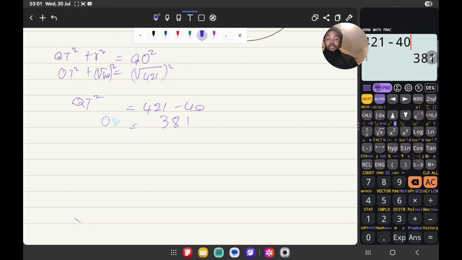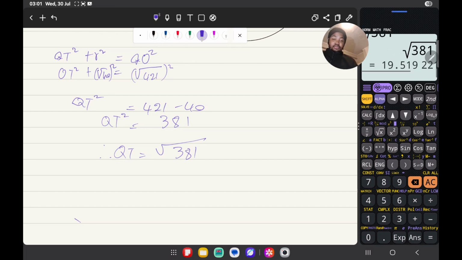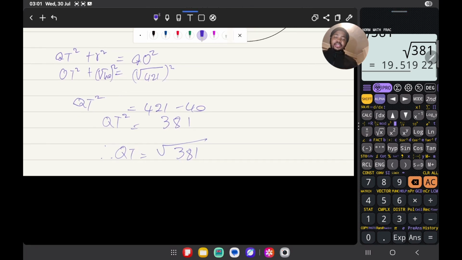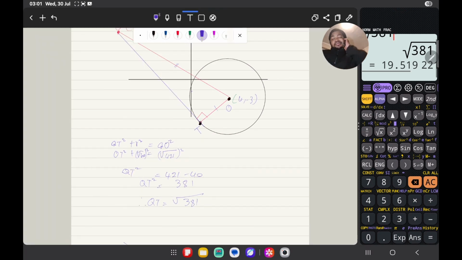This is squared, and therefore QT is going to be square root of 381, which is just square root of 381. And there, right there, you've answered the question of what the distance is, right?